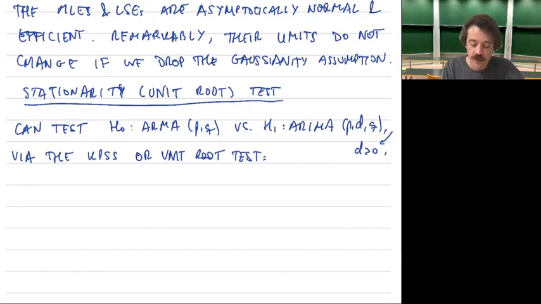Remember, for stationarity we needed this unit root in the AR models, which is really where the lack of stationarity can come from.